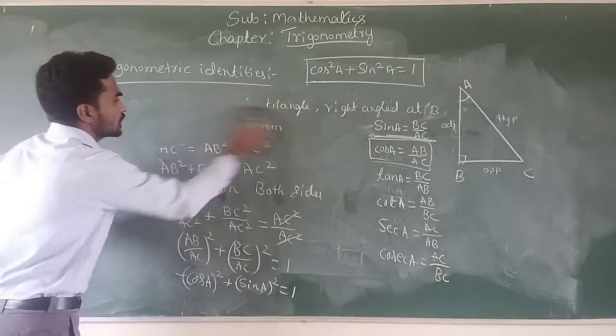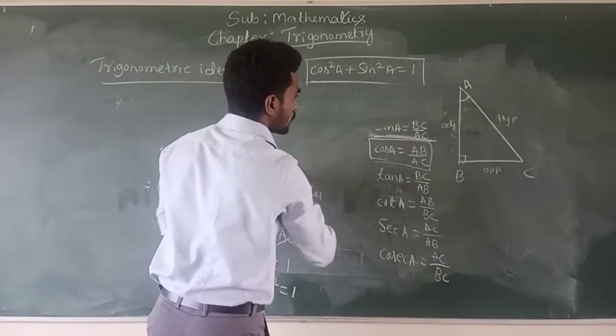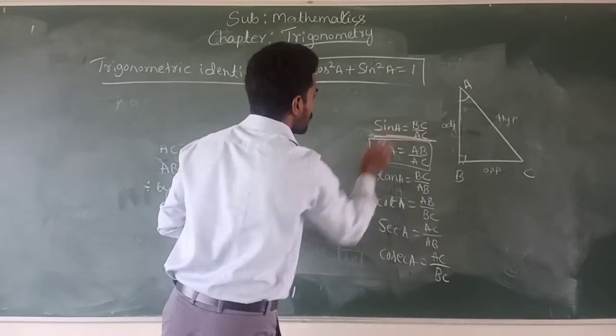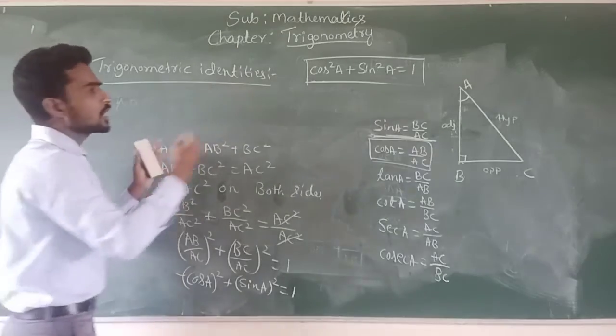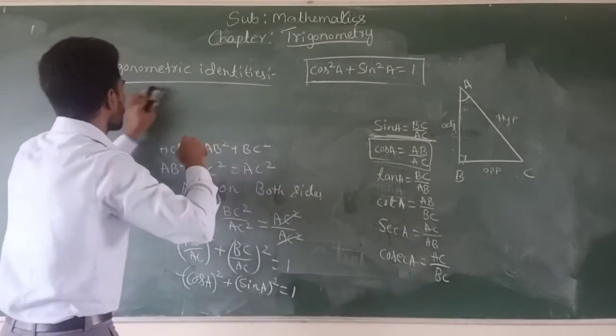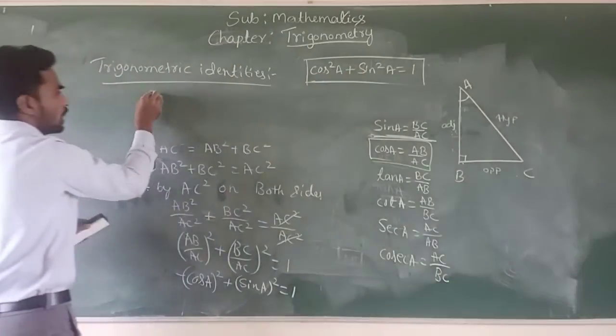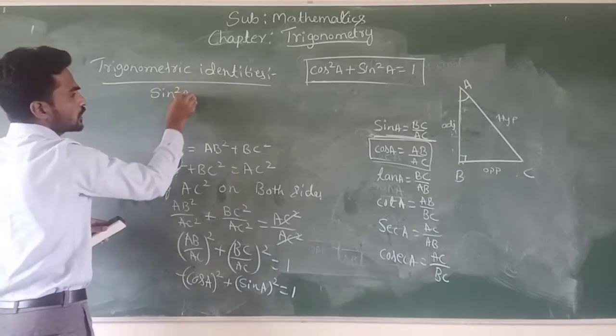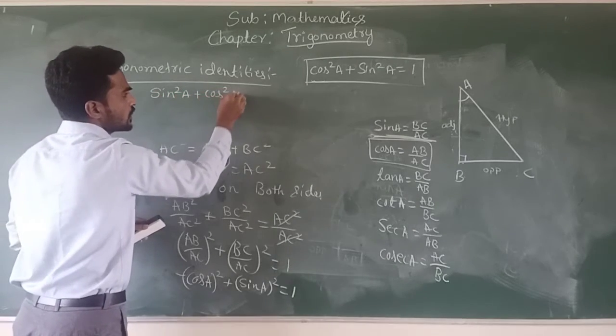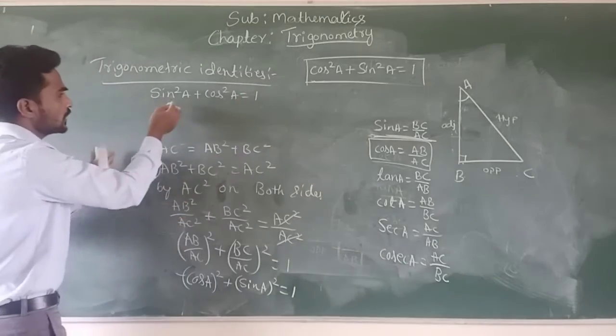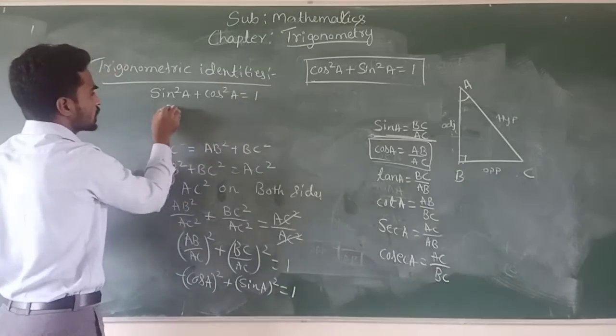Now by using that, we can modify so many formulas by using this identity. Here sin square A plus cos square A is equal to 1. Then take this cos square into the right side.